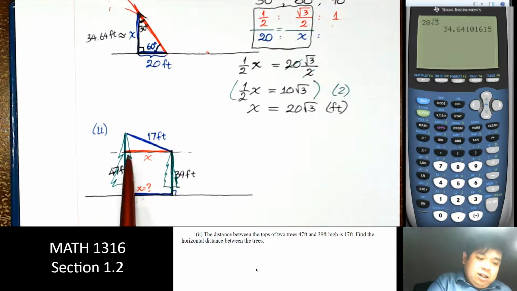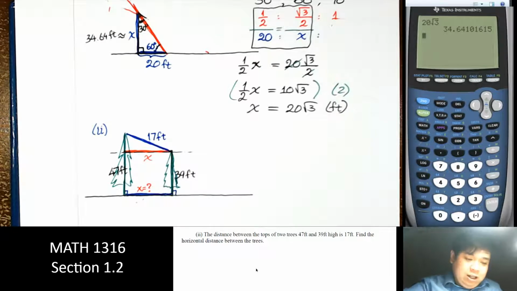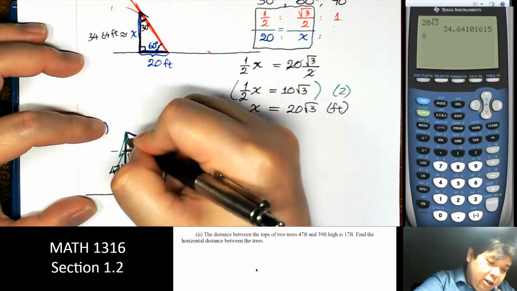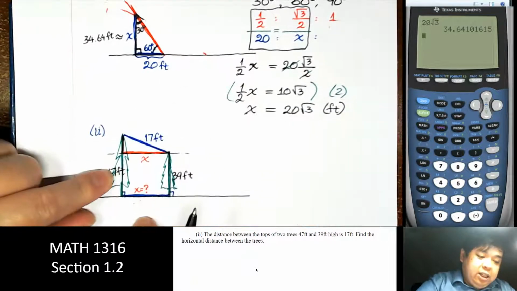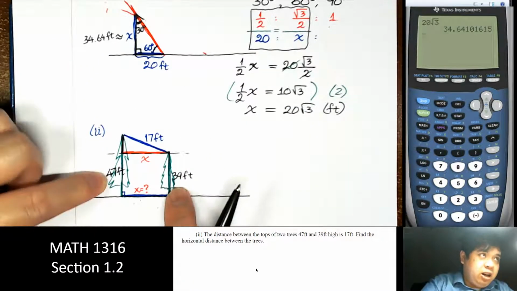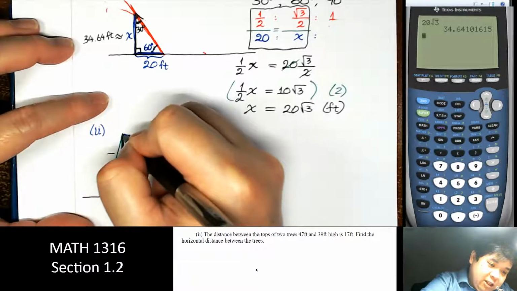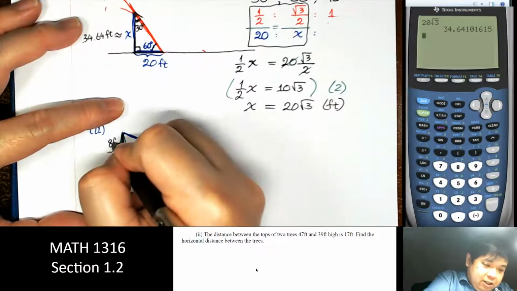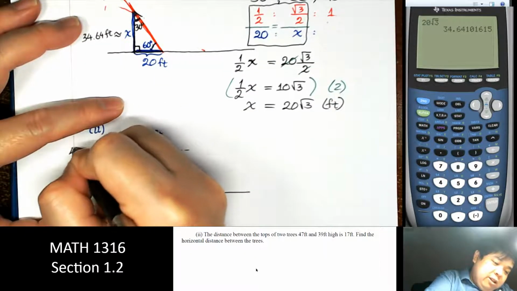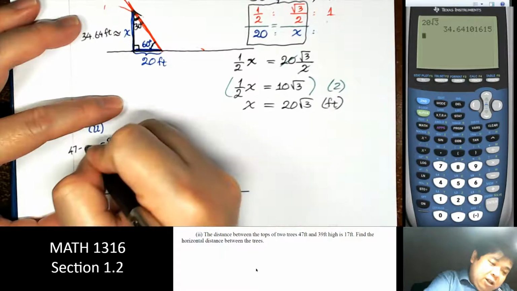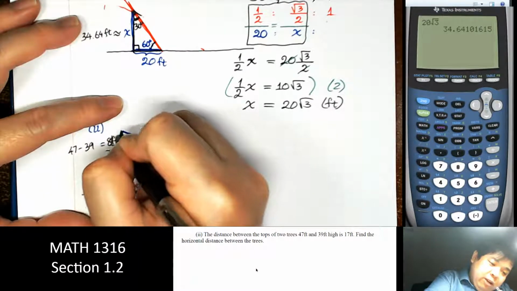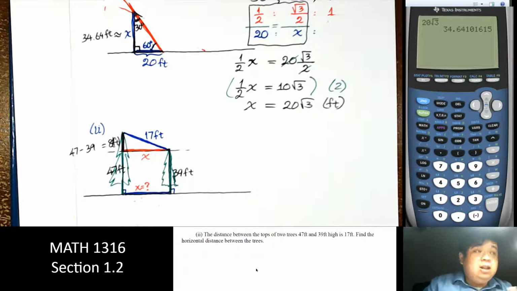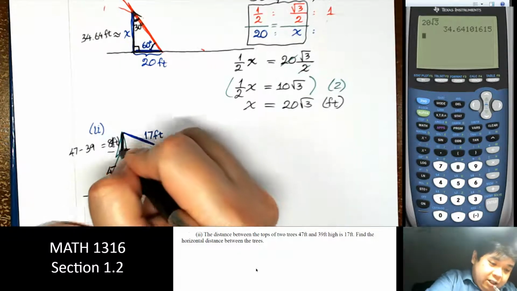And this distance here is the difference between the heights of the trees, 47 minus 39, which is 8 feet. So we have 8 feet, 17 feet, and then x. It will be very easy. We can just solve for x.